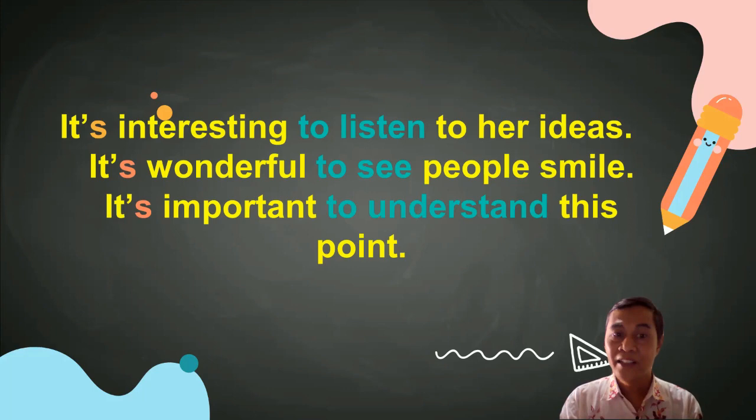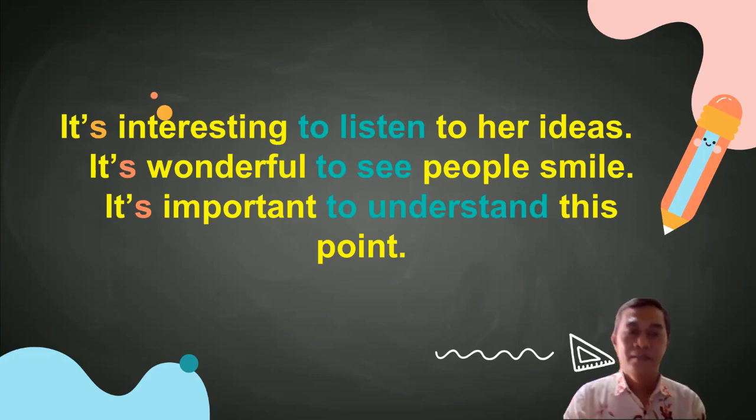And then after an adjective, it should be followed by to infinitive, here, to listen. So it's interesting, an adjective, and then to listen, infinitive, and then to her ideas.